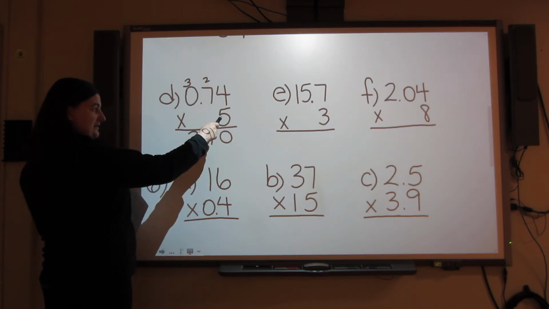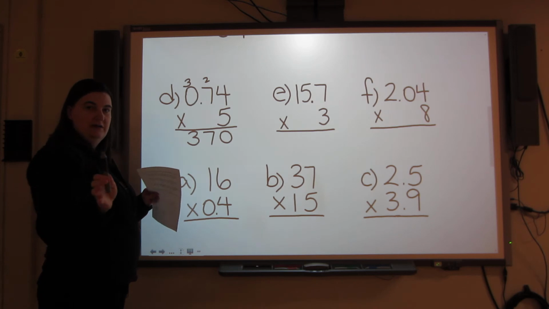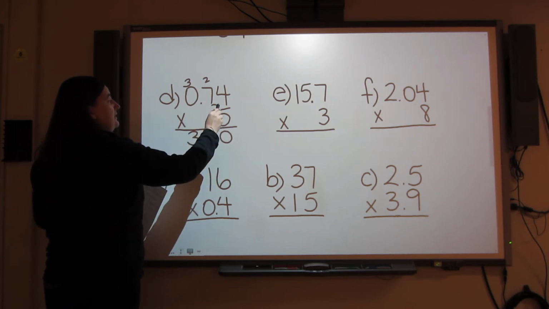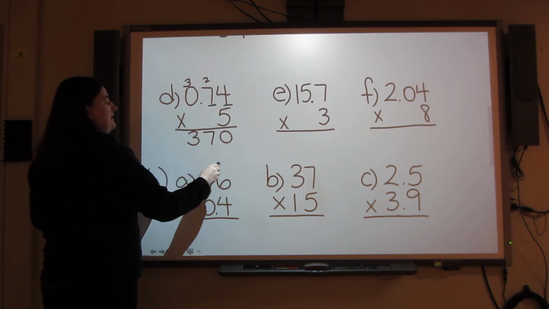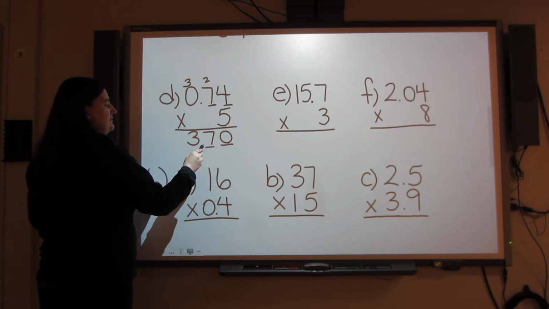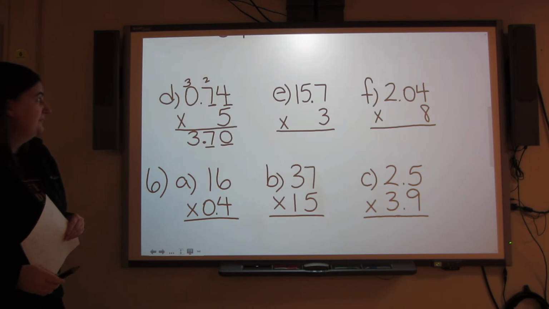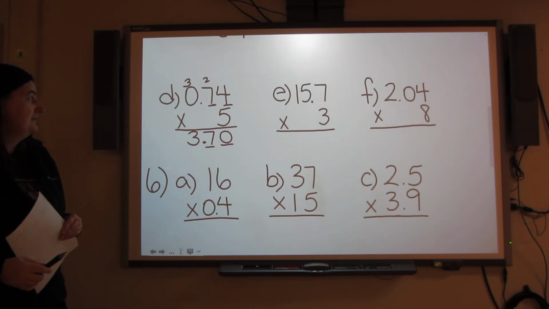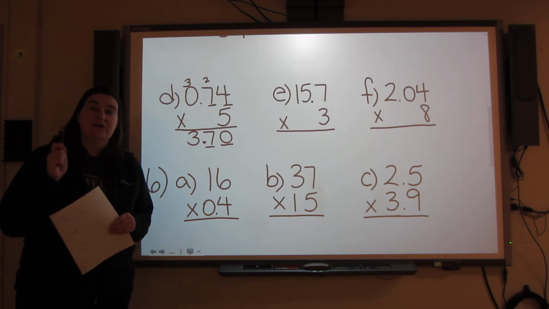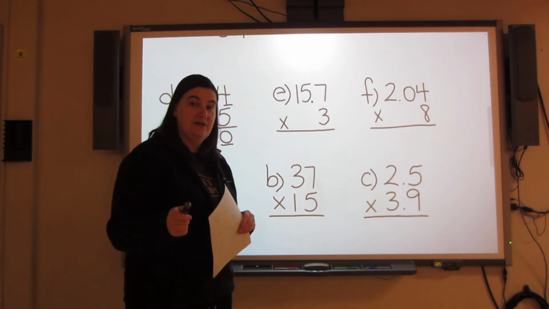Now, one digit, one answer line, good. 2 decimal spots. 2 decimal spots, good. So that's A and D for number 5. The rest of them are your responsibility when you get home tonight.